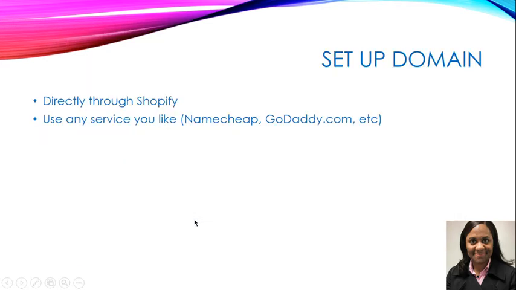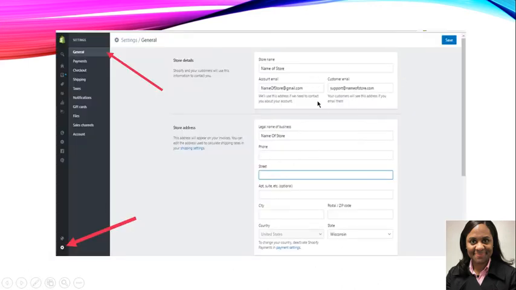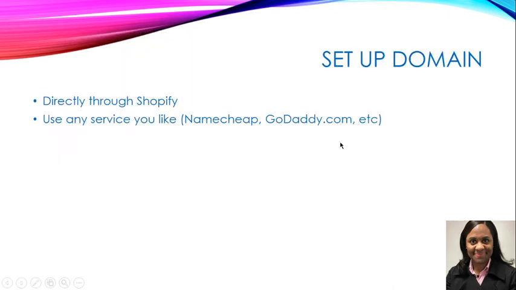And next, because we were talking about this information right here, what we would want to do is set up a domain. Now, the easiest way, if you're not familiar with other things, is just do it through Shopify.